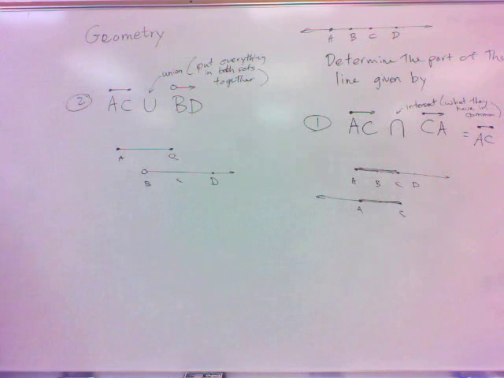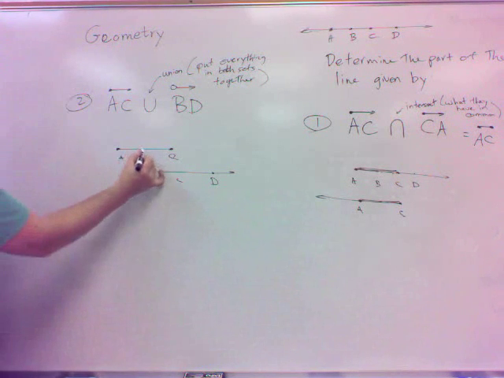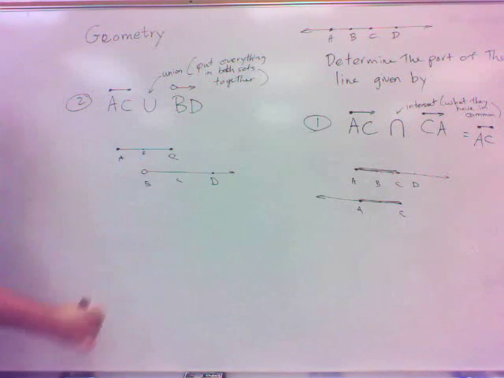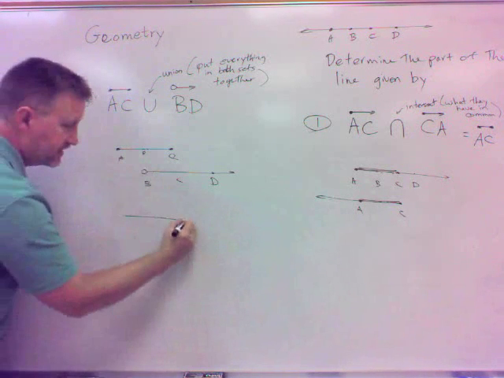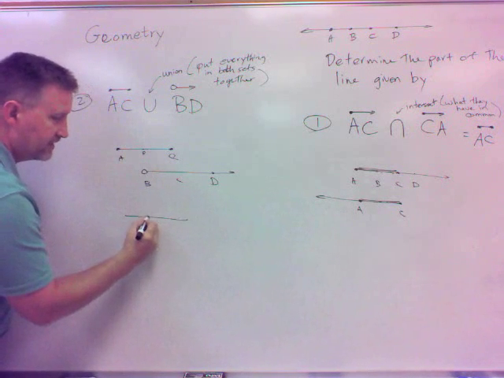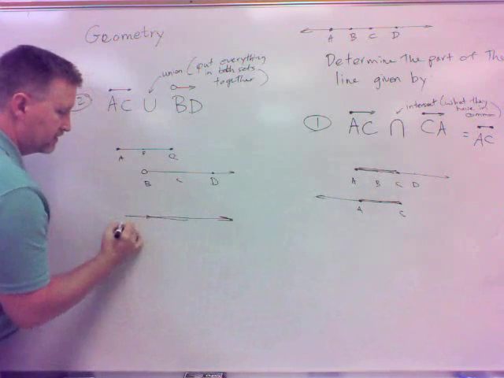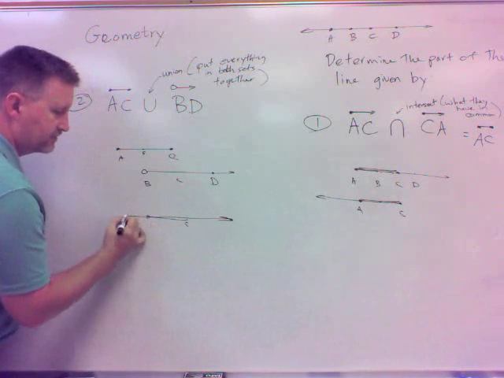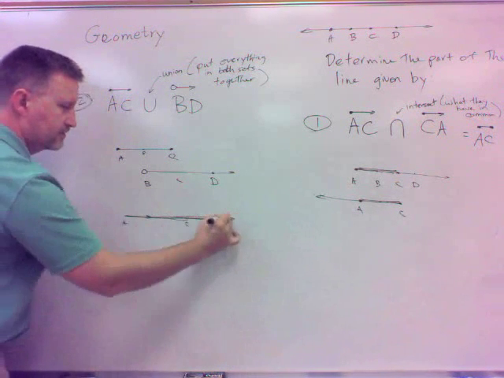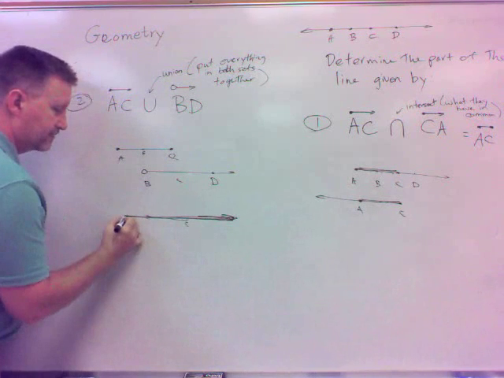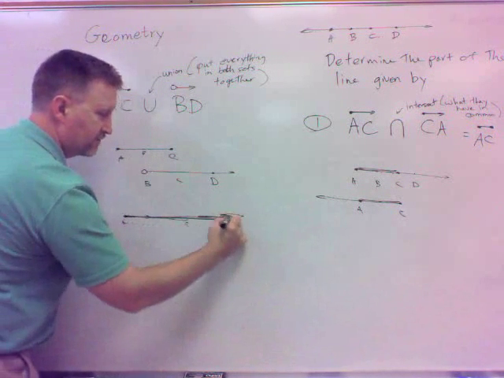That's true. But isn't B included here? So when I put the two sets together, I've got AC, and then I've got half line BD. Put those two things together. Won't I get this? Because they don't have to overlap. It doesn't have to be in the overlap to be in it.